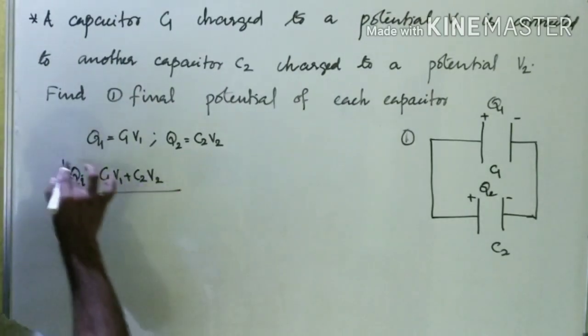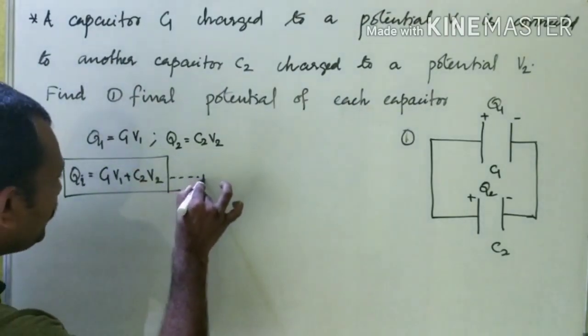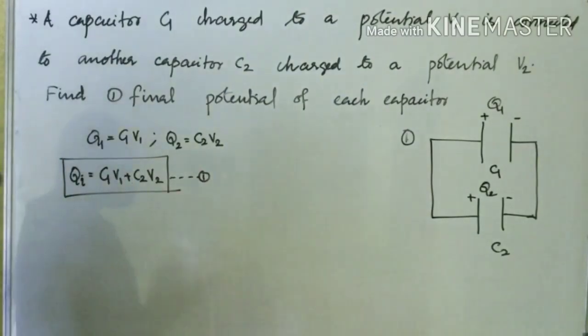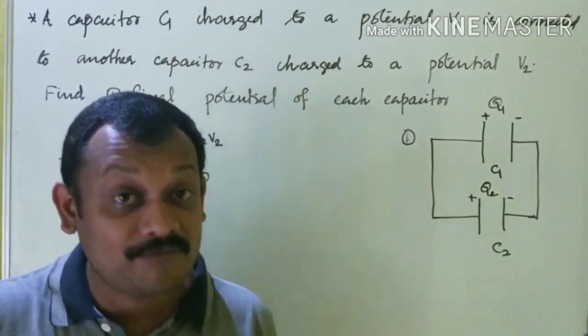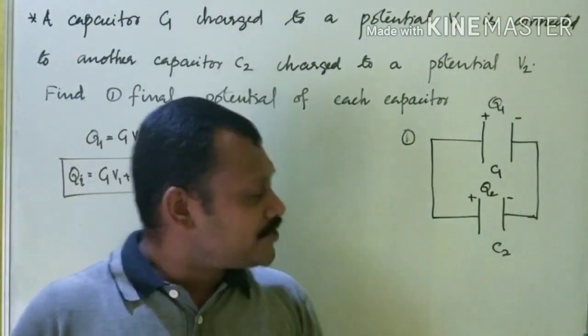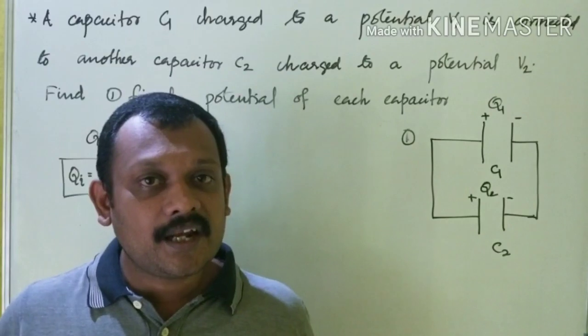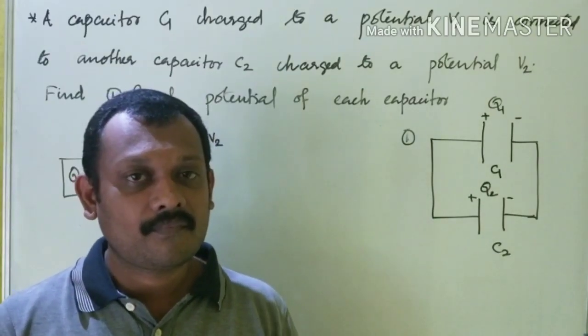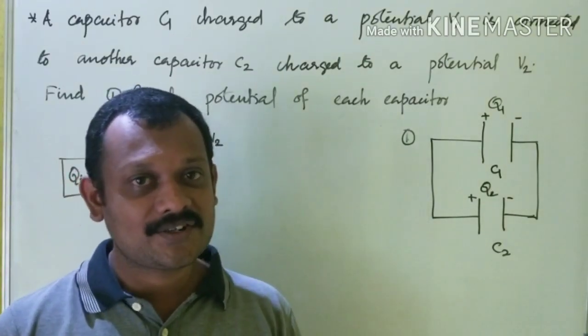We require it for later applications. Let us keep this as equation number 1. Another question, what will happen? Capacitors will share their charges until they attain the same potential, right?